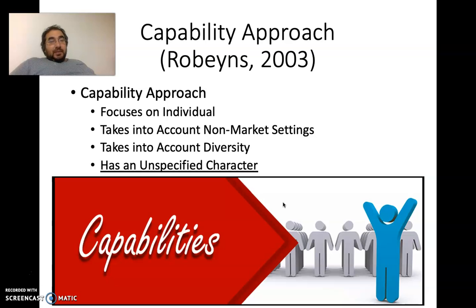Robbins thinks that with the capability approach, here you might think about the softness of feminist economics, as we have discussed in the previous lecture. This capability approach allows us to be flexible, to be defined and redefined for different societies, for different levels of societies, for different places, and for different purposes we use this approach.